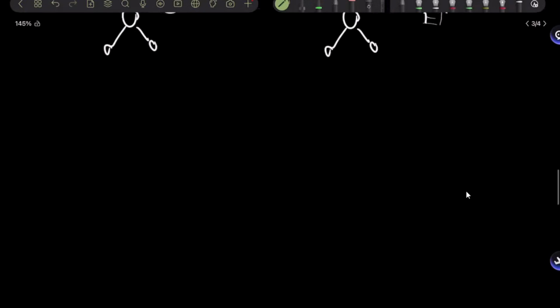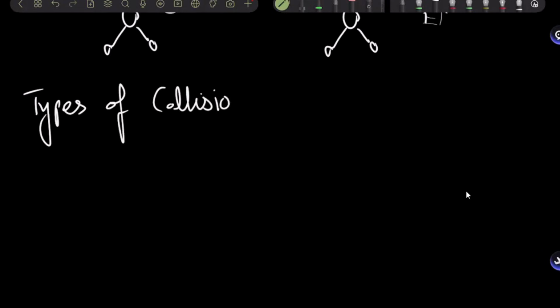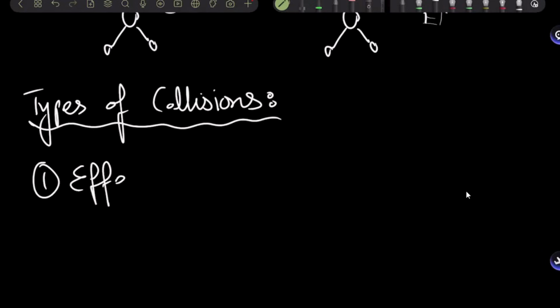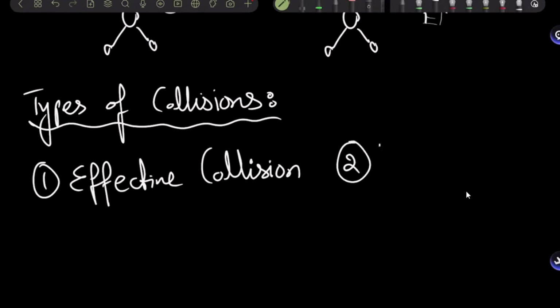All right. So keeping these three points in mind, there are two types of collisions. The first type, we call effective collision, and the second type is ineffective collision.